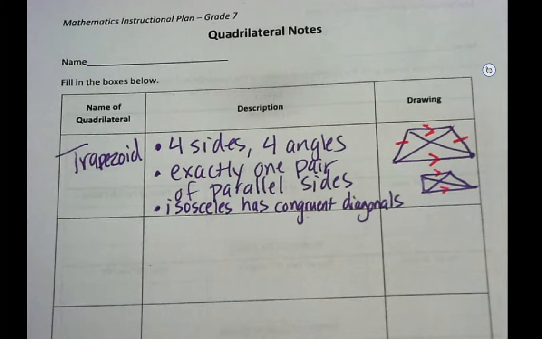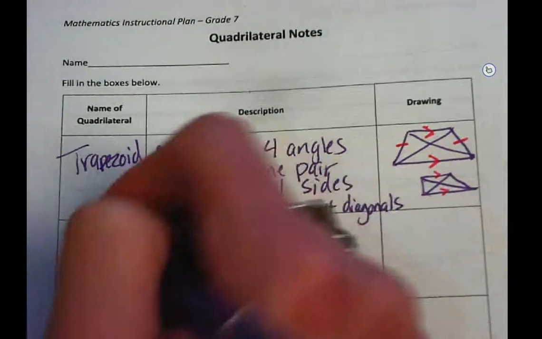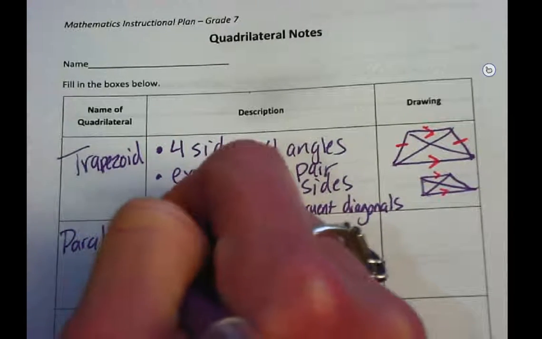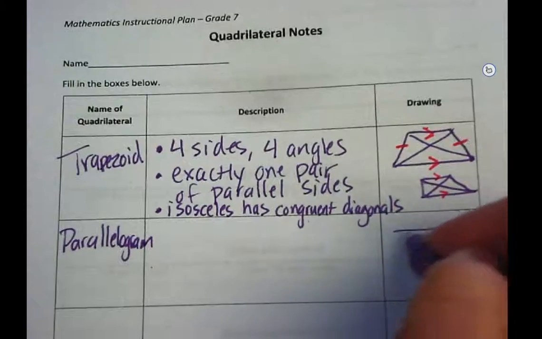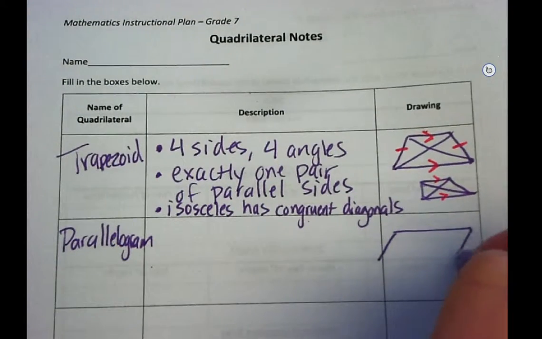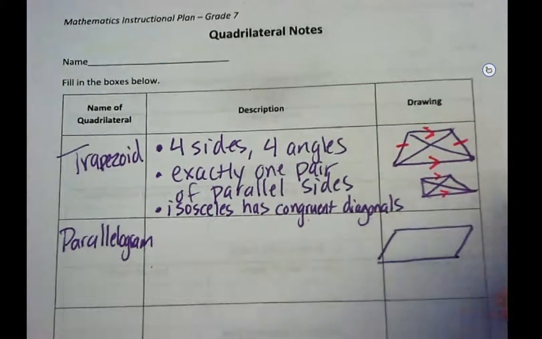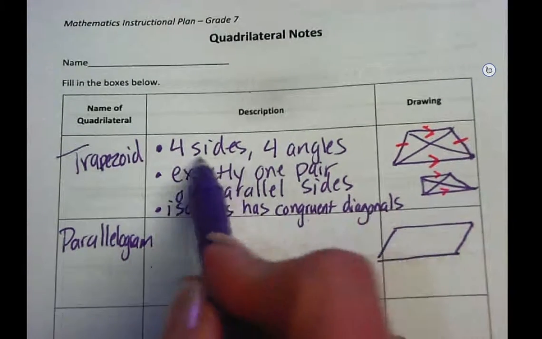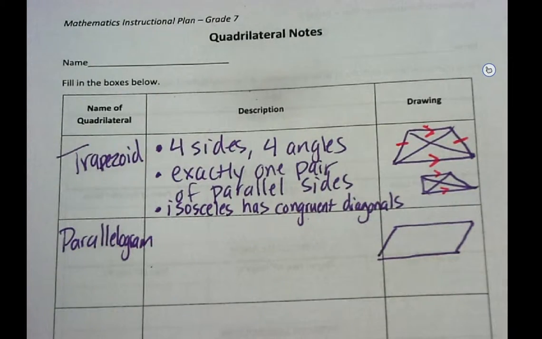Okay, so a parallelogram has, just like a trapezoid, we can draw it first. A parallelogram looks like this. Just like the trapezoid in all these shapes, it does have 4 sides and 4 angles.